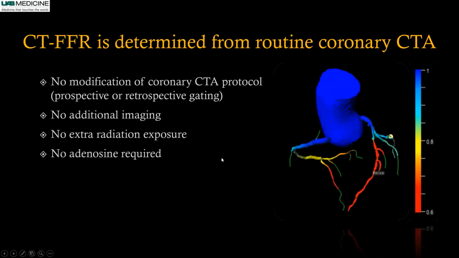Okay, now moving on to CT-FFR. As we all know, the anatomic stenosis shown by CT or catheterization does not mean that the stenosis is hemodynamically significant. We know the majority of cardiac events happen from a non-significant stenosis, less than 50%.